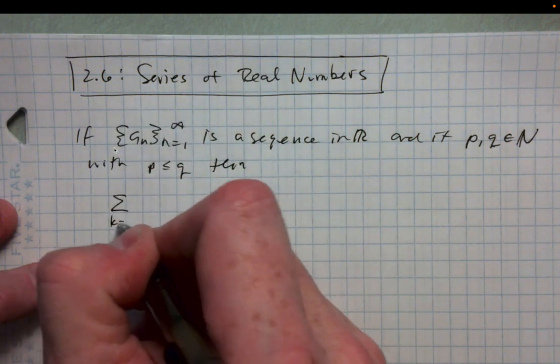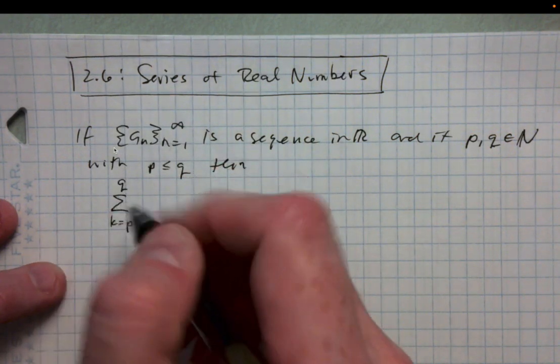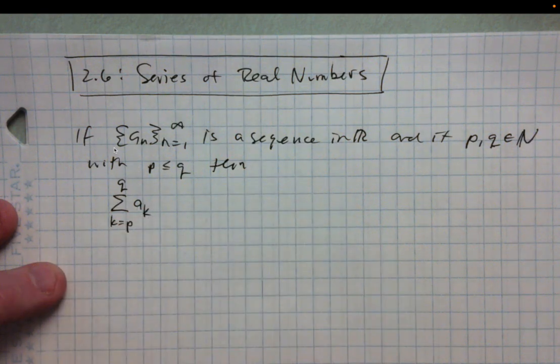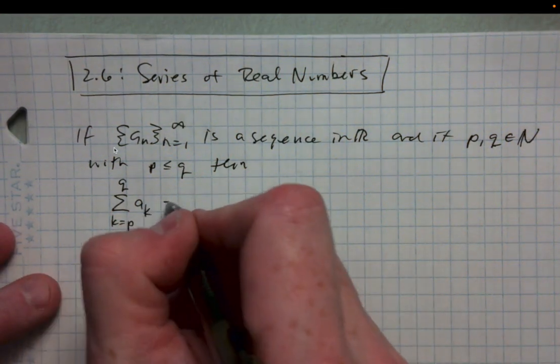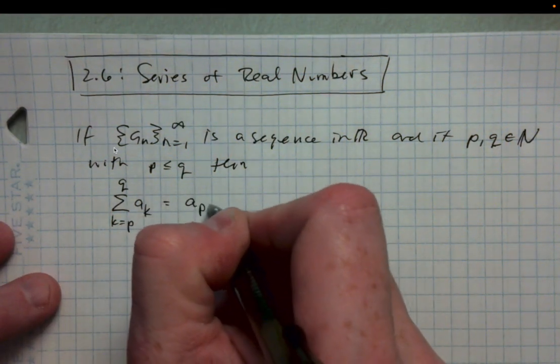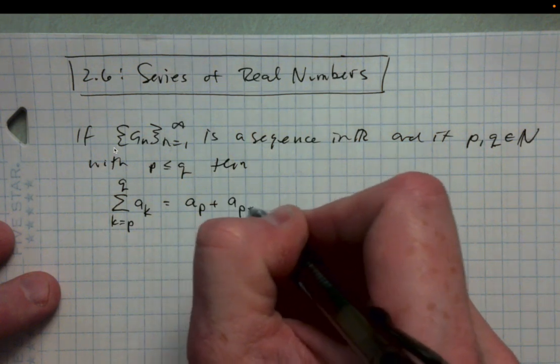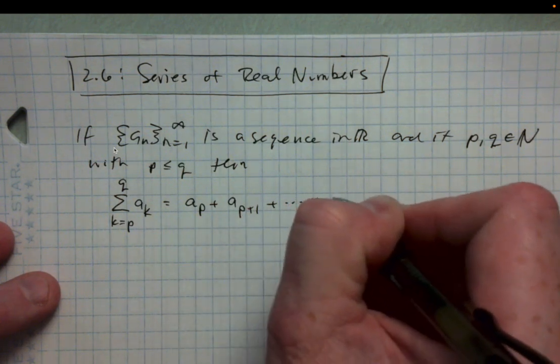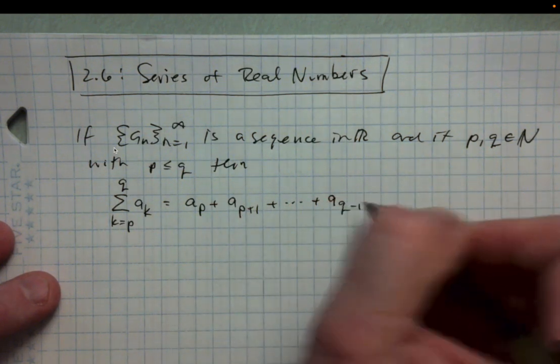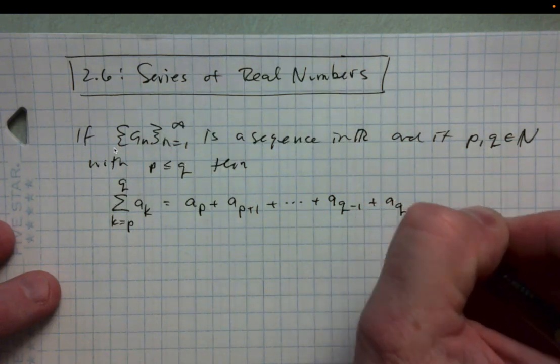The sum of k equals P up to Q of a sub k is equal to a sub P plus a sub P plus 1 plus dot dot dot plus a sub Q minus 1 plus a sub Q.